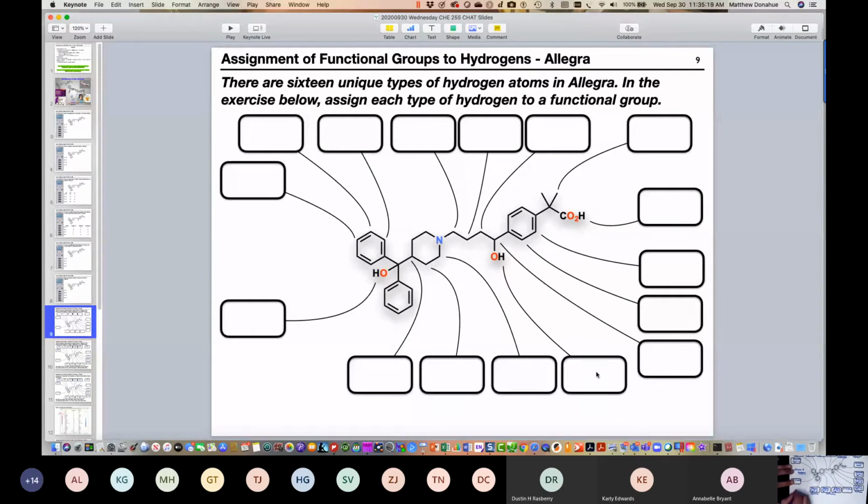So let me write that here. With purple, we underlined all the alkanes. In red, maybe I'll do the aromatics.